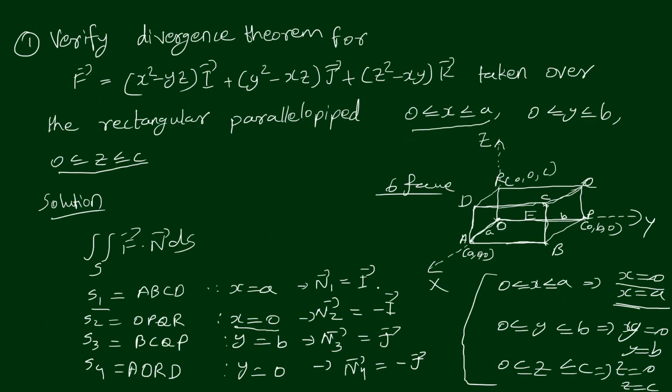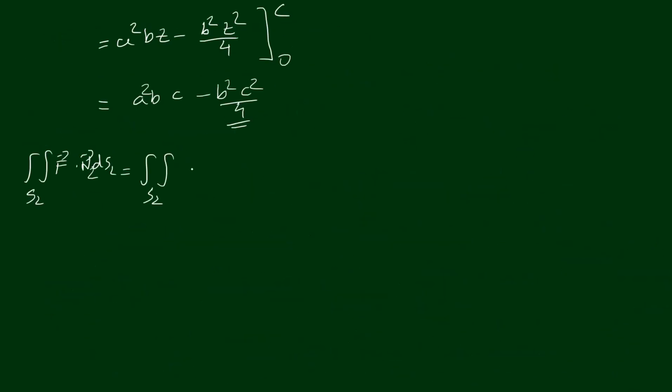So here also you will get the i component of the f vector only, that is x² − yz. But since minus i is there, we will get the negative of x² − yz. And dS2 is the same dy dz by.